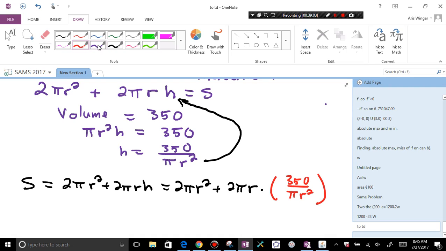And then we'll see that this is no different from one of the problems we just did earlier, except now we have this constant floating around. 2 pi r squared plus, looks like the pi's cancel. Is that 700? 700 over r? Yeah. Okay. We'll take a derivative, set it equal to 0, and solve.